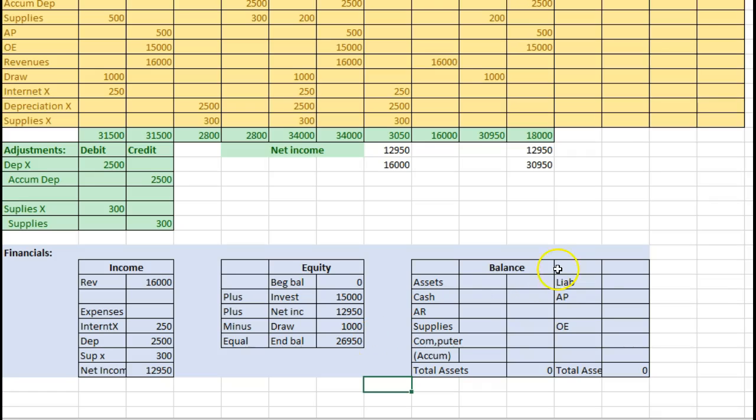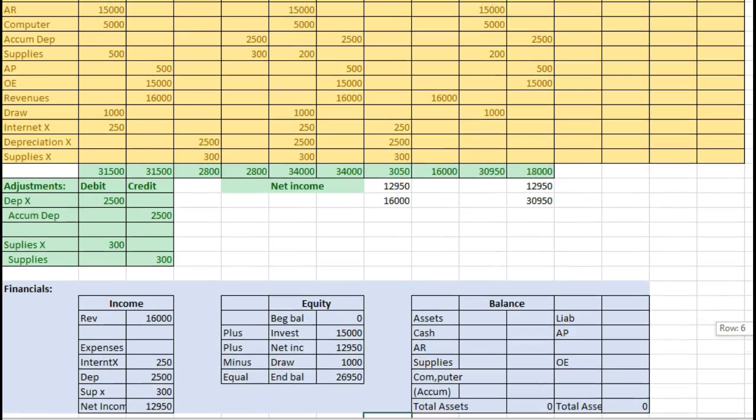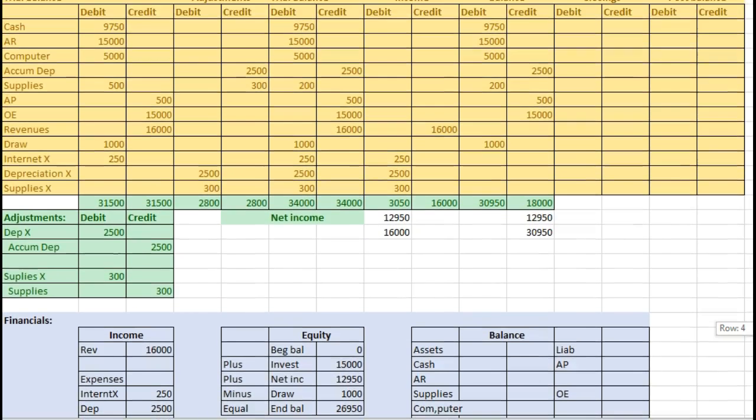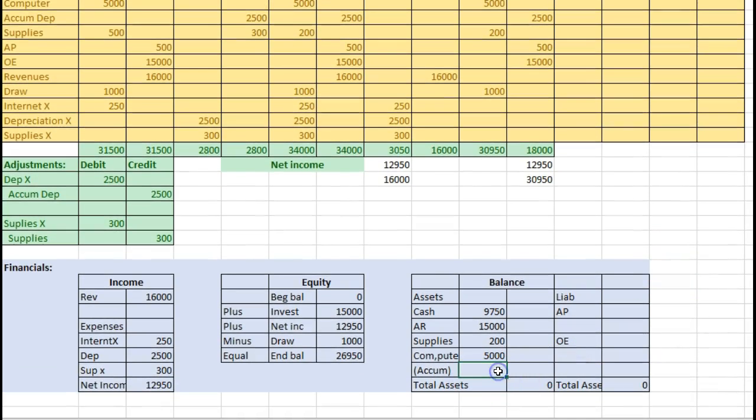And now I can do my balance sheet numbers. Assets are cash, $97.50. Accounts receivable is $15,000 from above. Supplies is $200. Computer is $5,000 minus the accumulated depreciation. Remember that, $2,500.